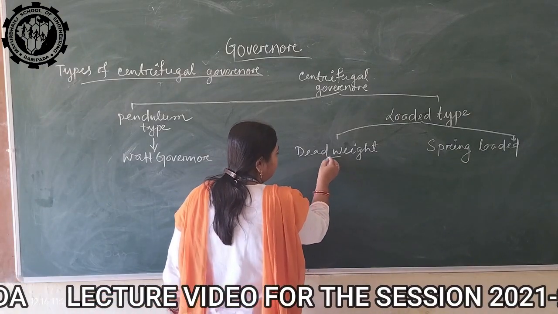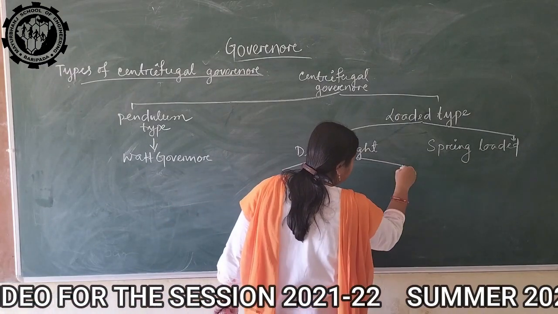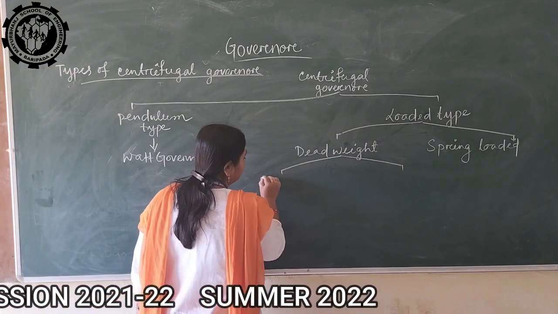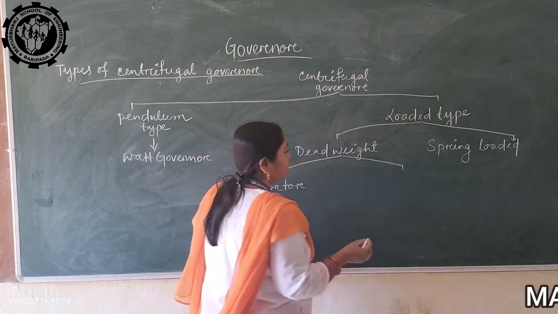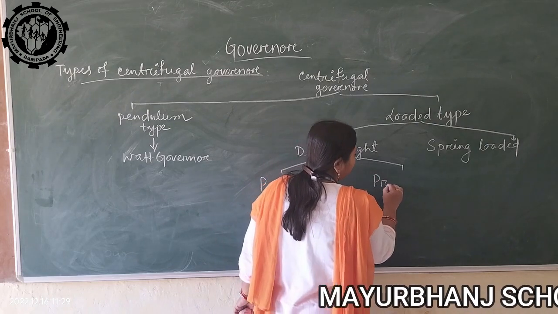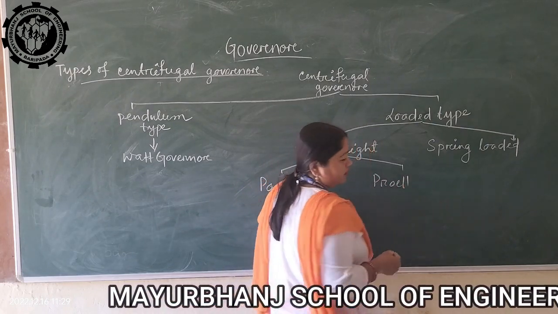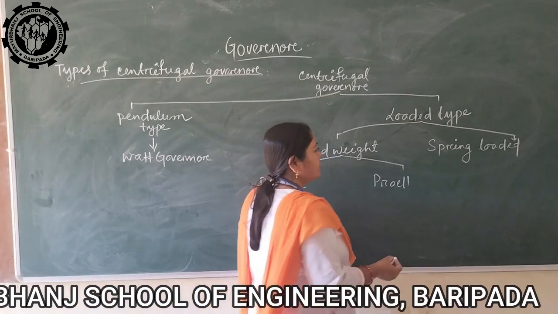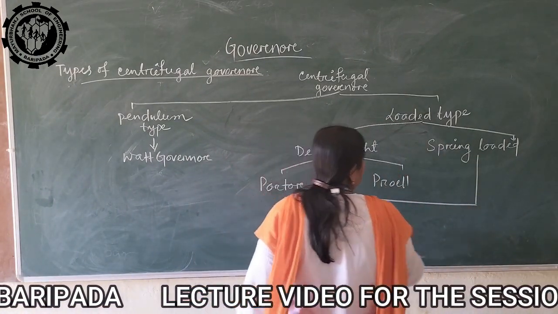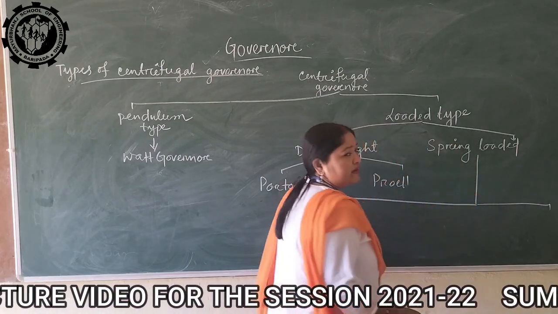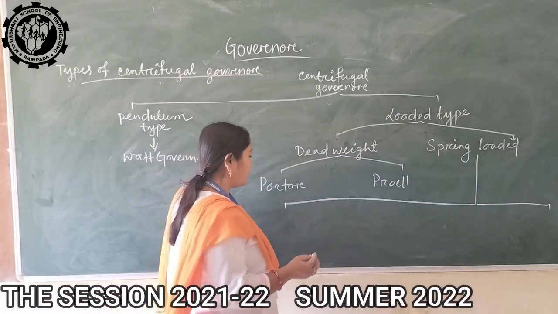So again deadweight type is divided into two. One is your Porter governor and another one is your Proell governor. Right? Okay. Then come to spring loaded type governor. Spring loaded type is of four types. What are they?